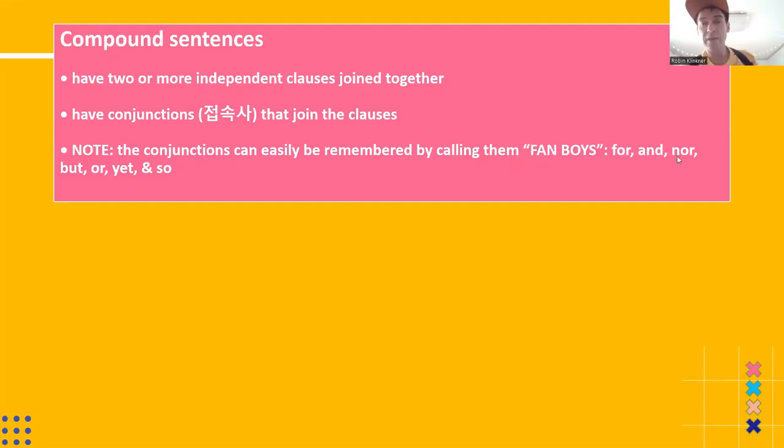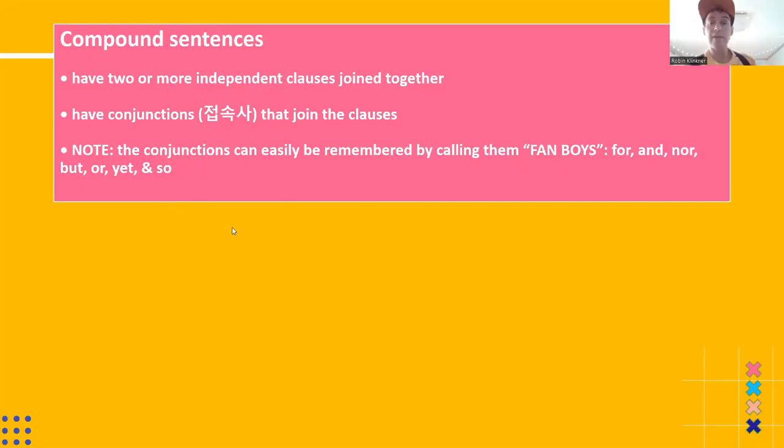For, and, nor, but, or, yet, so. So fanboys. Just so you know, and, but, and so are the 3 most common. And I'm sure it's the same in Korean, of course.